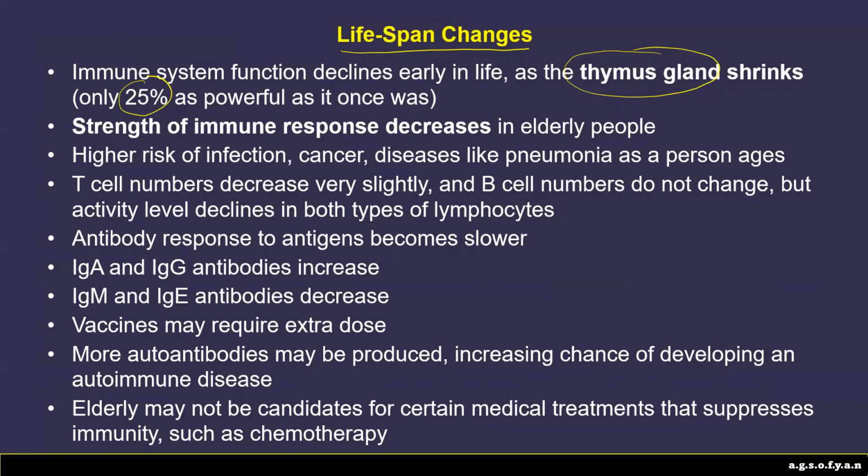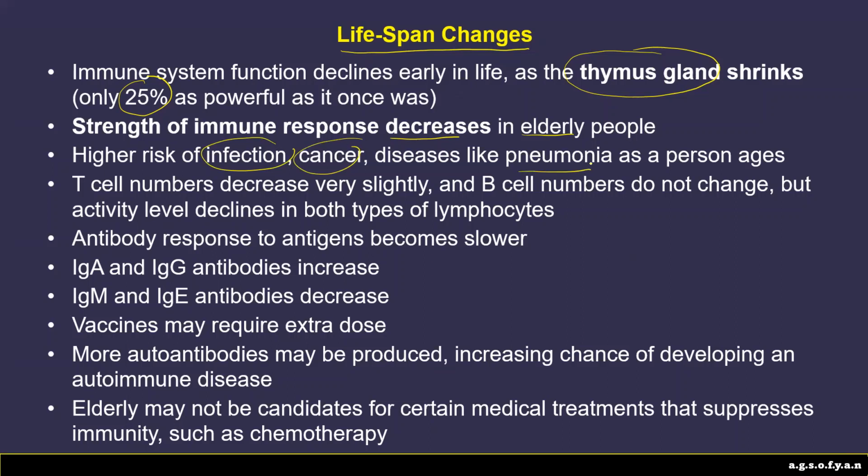So basically, older people will have less ability to fight infection because the thymus gland is smaller, and because of that, the T cell will be lower in number. So the strength of the immune system response will be decreased for elderly people, with higher risk of infection, cancer, and disease like pneumonia.